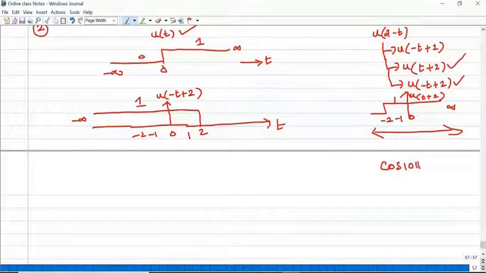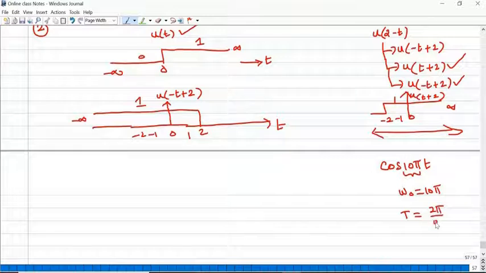Cos 10 pi t, so cos omega naught t, where omega naught equals 10 pi. So the fundamental time period of this signal is 2 pi by omega naught, so 2 pi by 10 pi.